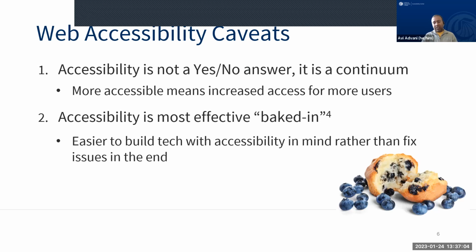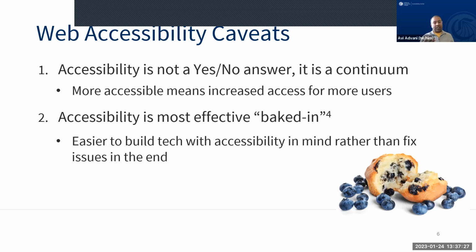Second, accessibility is the most effective baked in. What do I mean by that? I mean, it's easier to build accessibility in mind when in technology in the beginning rather than fix the issues at the end. You might wonder why I have a blueberry muffin on my screen over here. And the reason is I like to use the blueberry muffin analogy when talking about accessibility.